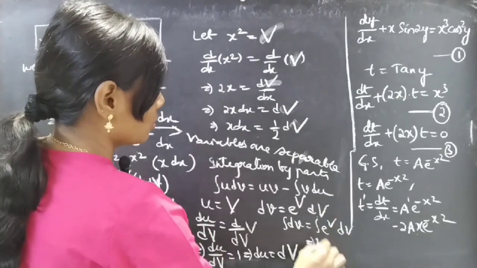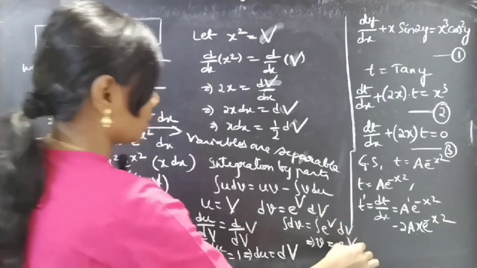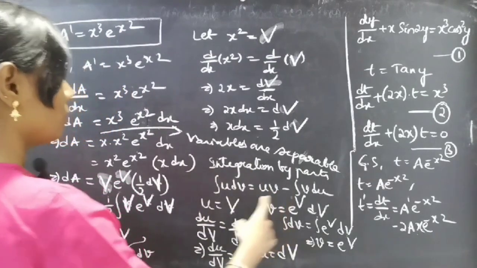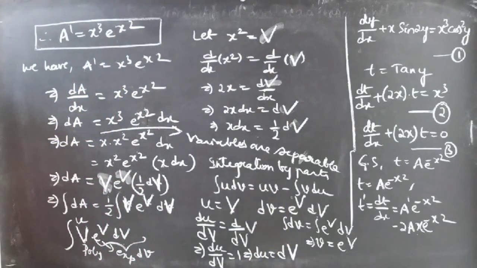We'll get capital V equal to e power v. Now just use this formula, then we'll get integral u dv.